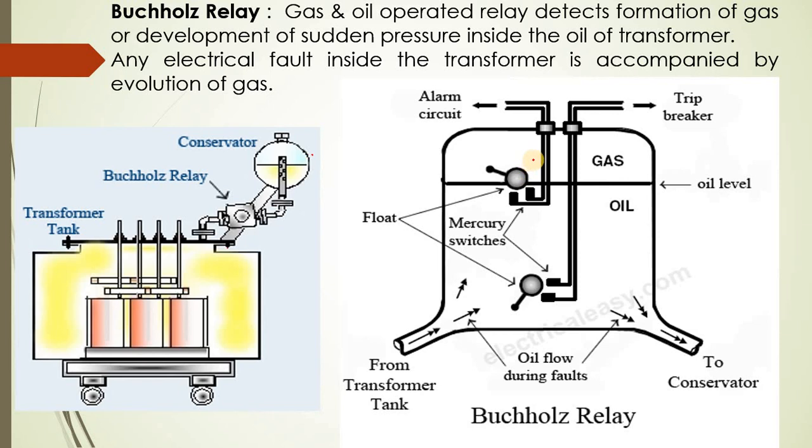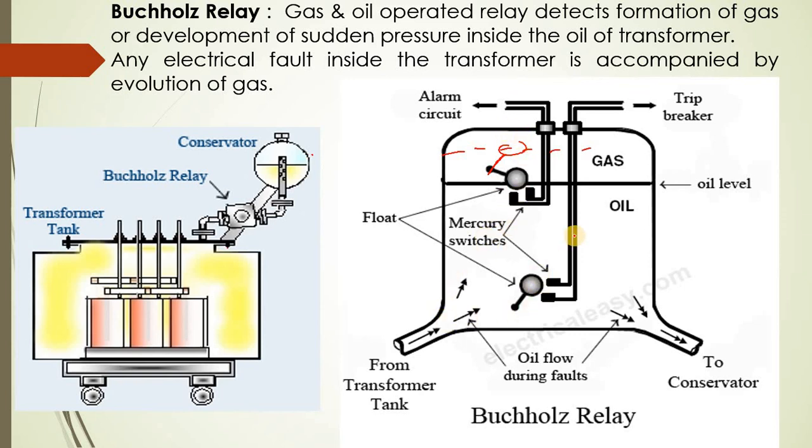The alarm circuit is near the top surface. If the top surface oil level is here, it will come down as the oil level decreases. When the oil level decreases, that gives the indication through the alarm circuit.